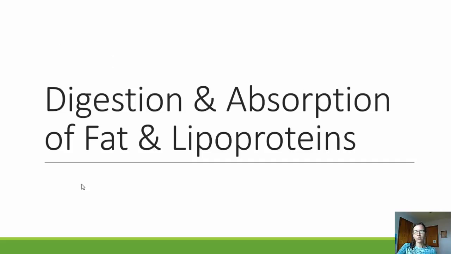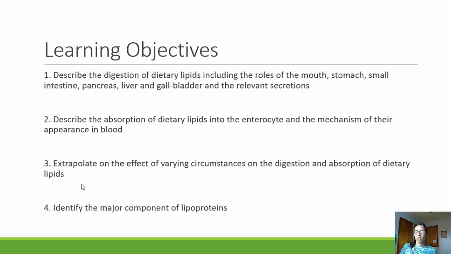And now we're going to move on to digestion and absorption of fat and of lipoproteins. So our learning objectives here are to describe digestion of lipids throughout our digestive tract, describe absorption of lipids into the enterocyte and understand how they get into our blood, and think about how defects in these processes could impact our clients clinically.